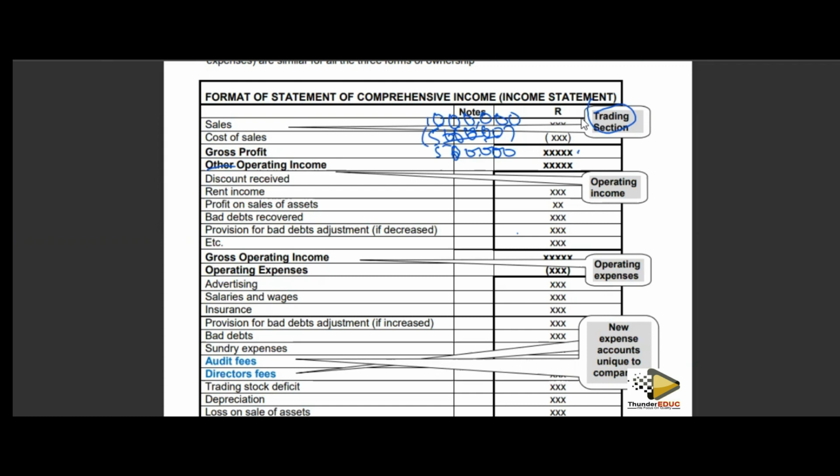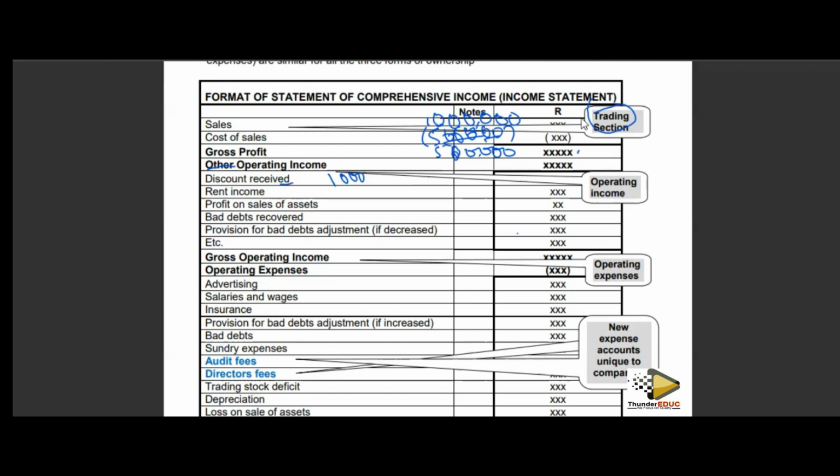which means we are going to pay them only 9,000. So do you see that this 1,000 we are receiving? I said we were supposed to pay them 10,000, but they are giving us a discount of 1,000, which means we are going to pay them only 9,000. So when we pay them 9,000 and we receive a discount of 1,000, this is discount received.